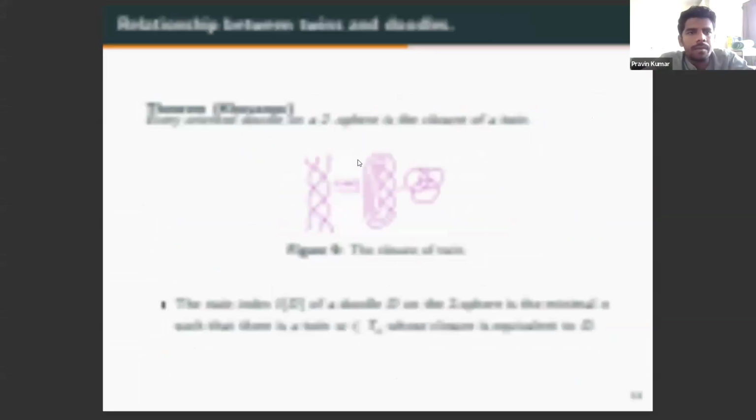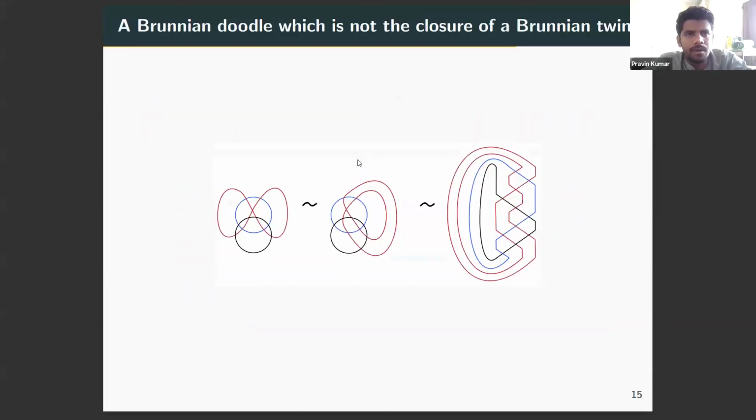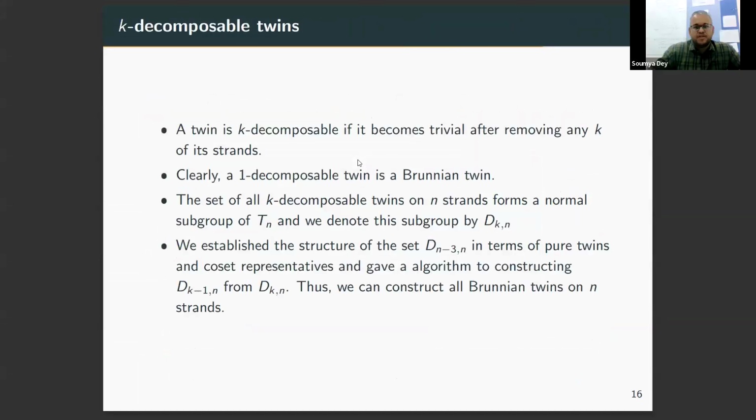See, let me fix that. Yeah, this one. My group is finitely generated, therefore T_n itself is countable. So it's not a very great result that I'm giving some enumerable algorithm. Every countable set can be constructed. Here we are giving one explicit algorithm. So first what we are doing is understanding the structure of D_{n-1,n}, everything set theoretically, nothing group theoretically.